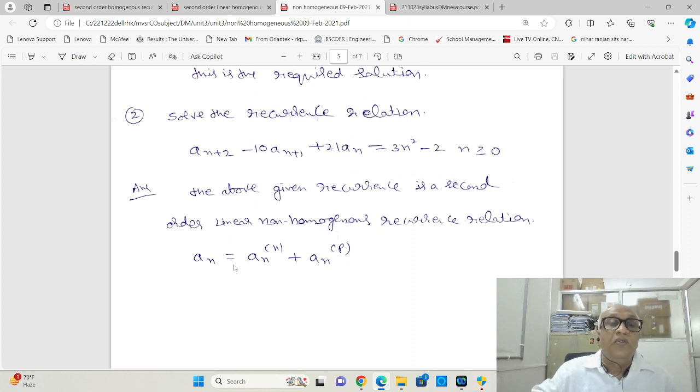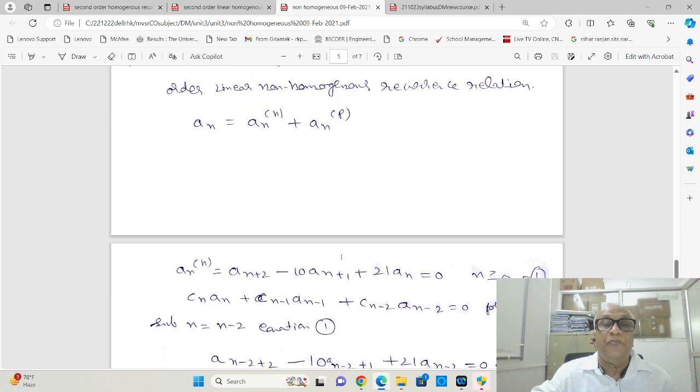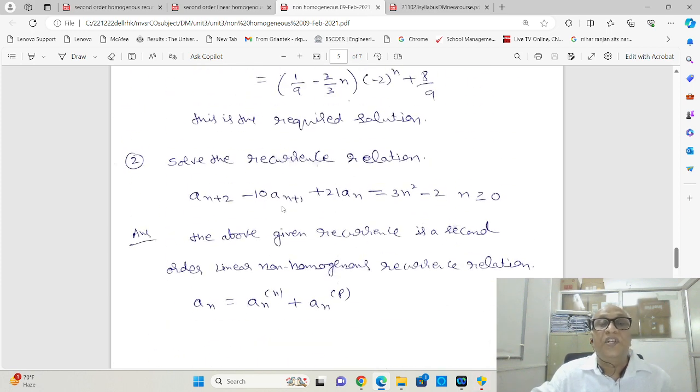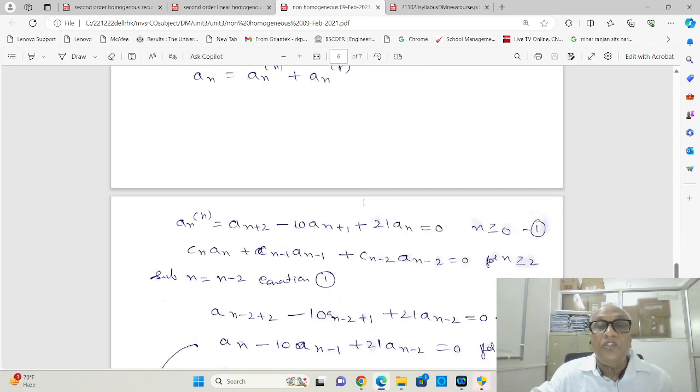How is the general solution given? an equals an homogeneous plus an particular. So take the left side, a n plus 2 minus 10 a n plus 1 plus 21 a n equal to 0. This is of the form cn an plus cn minus 1 an minus 1 plus cn minus 2 an minus 2 equal to 0 for n greater than or equal to 2.